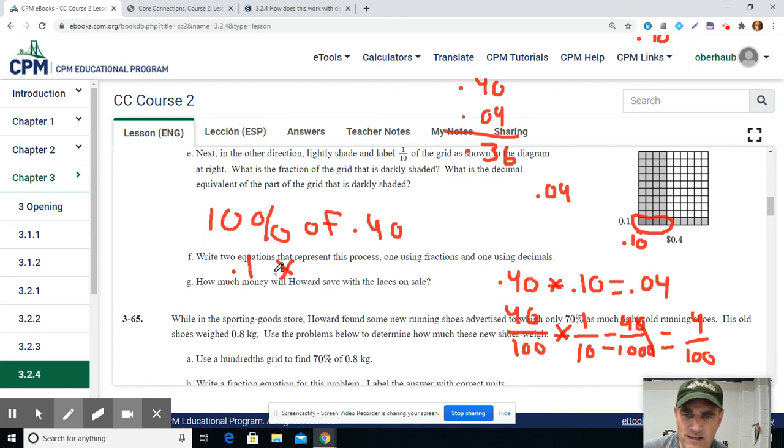Of always means to multiply in math, times 0.40. So when you're shopping, you're trying to see how much you save, this is kind of what we're doing. And notice this looks a lot like this. My 0.1, same thing as 0.10, and there's my 0.40. So anytime you want to see how much you're saving on something, this is what we are doing.